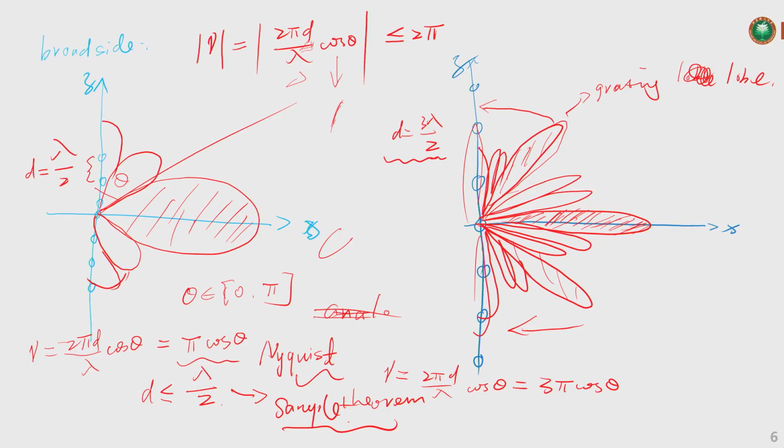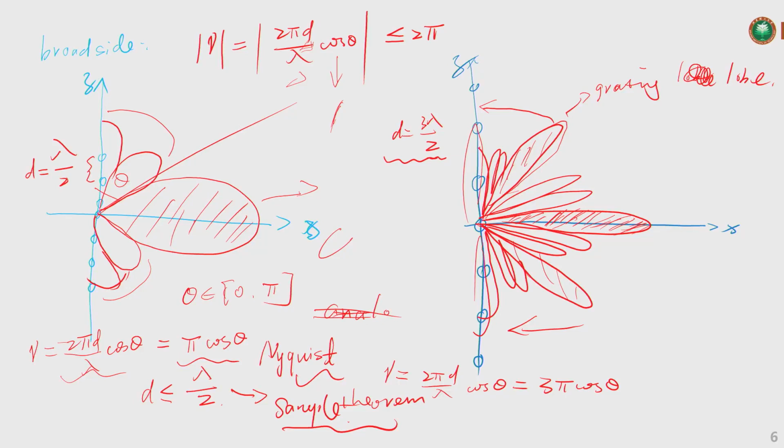However, now we know how to design the distance of separation, and how about if we want to squeeze all these side lobes and enlarge the main lobe? We need another consideration, because we want to change the pattern. If we want to change the pattern, what do we need to do?